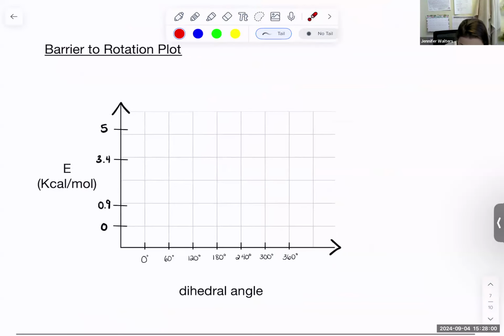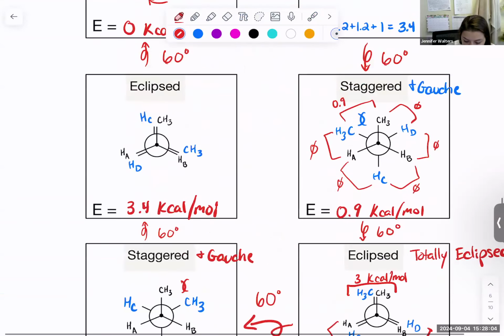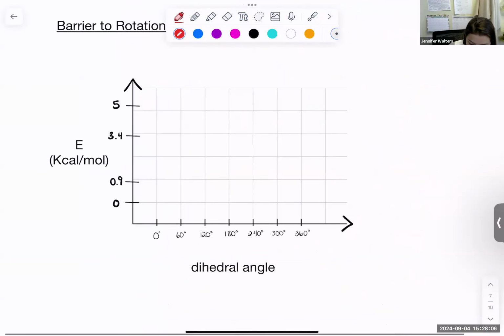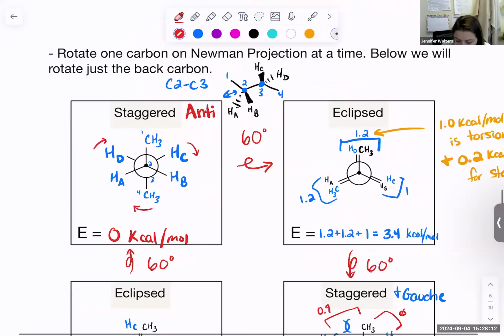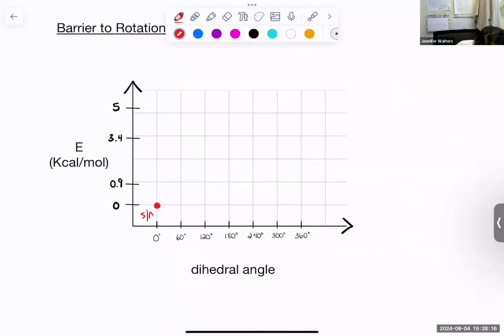My 0 point was staggered and anti, so at 0 degrees it was 0 kcals per mole. At 60 degrees, I have the 3.4 kcals per mole, eclipsed.